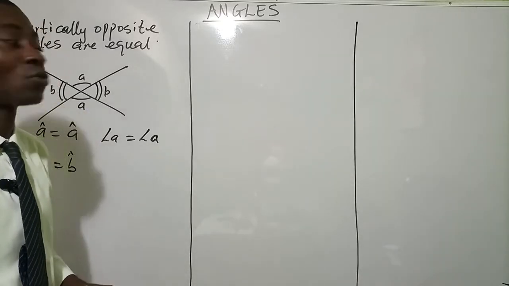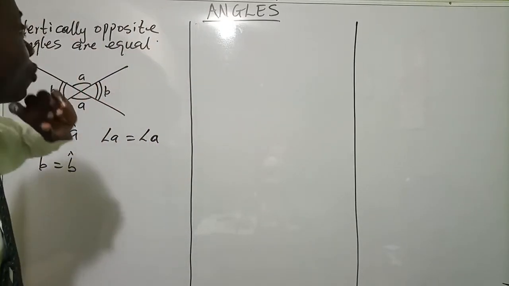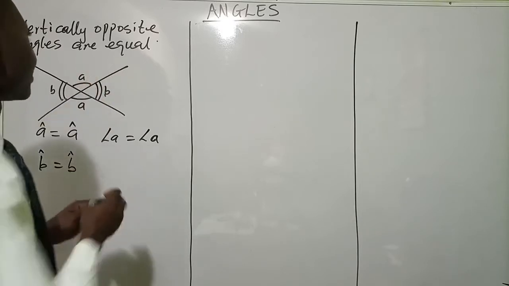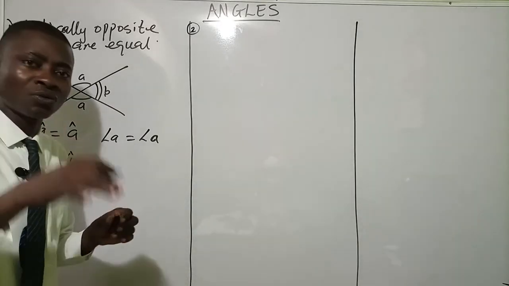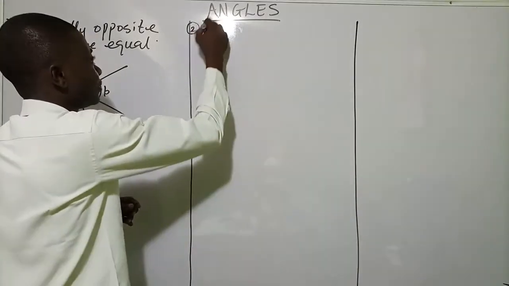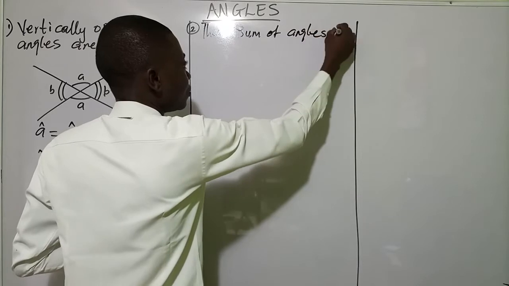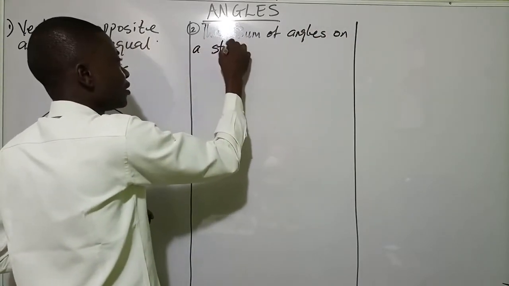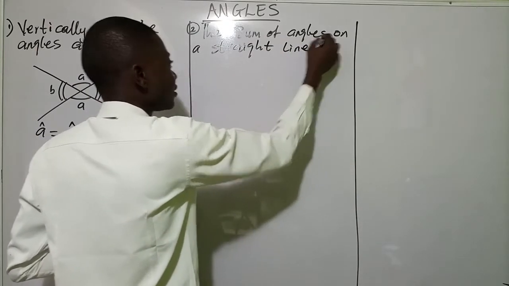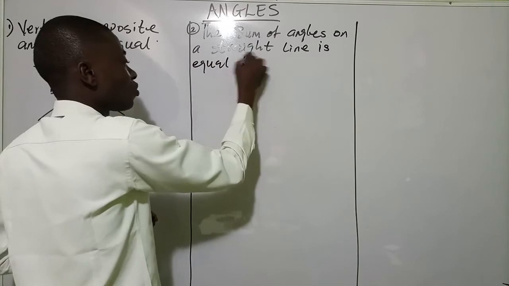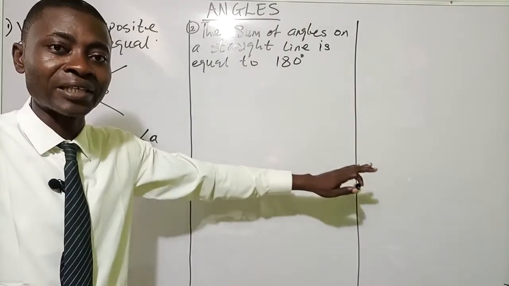Now, another law that we ought to bear in mind under angles, that is so important in calculating unknown angles, is that the sum of angles on a straight line is equal to 180 degrees.